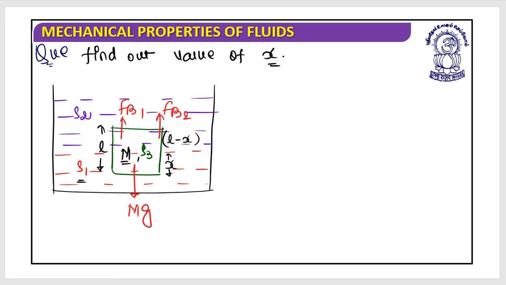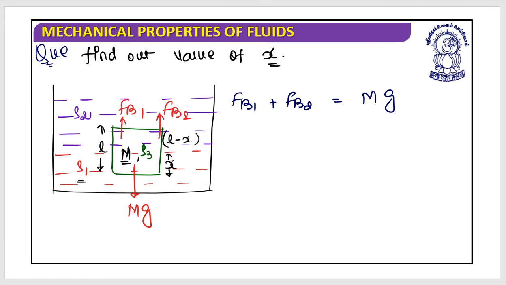In this case my object has been submerged within these two fluids only, so only these two fluids will apply a force on it. If it has been submerged in n number of fluids, then these n fluids will apply n upthrust forces on this object. So the situation will be Fb1 plus Fb2 equals m into g.